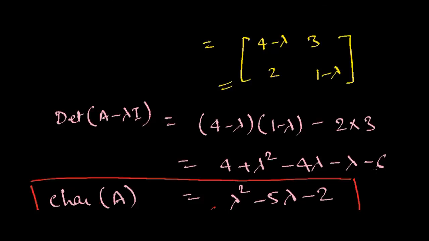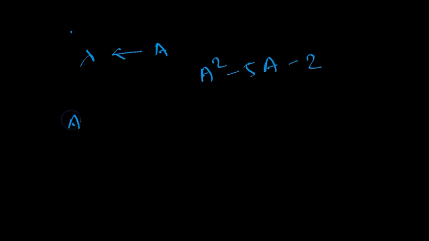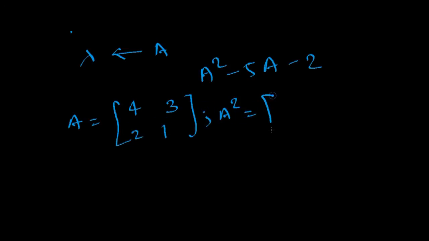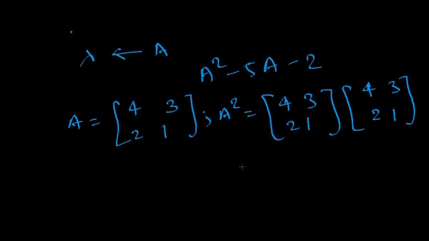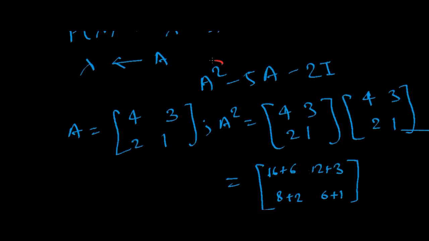We know that A is 4 3 2 1, so A square will be 4 3 2 1 multiplied by 4 3 2 1. It will give 22 15 10 and 7, and the constant 2 is multiplied by I.